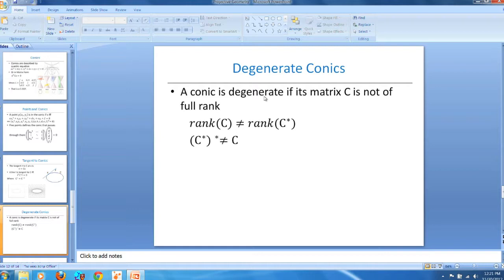So if we take C star and invert it again, we will not get C. This is why it's not of full rank, and we call this a degenerate conic. A degenerate conic could be a line, but it will not be represented by a conic. Clear?